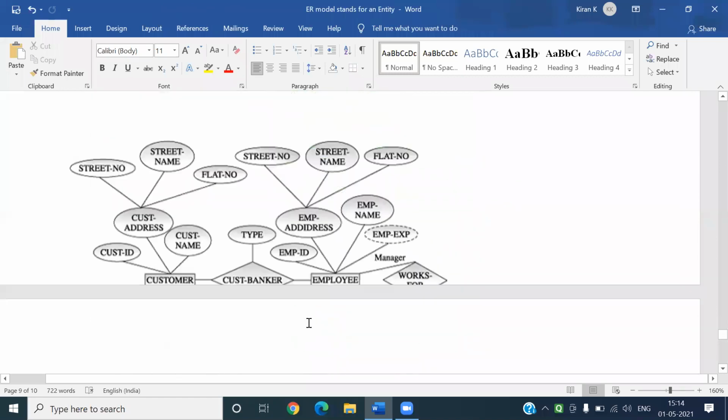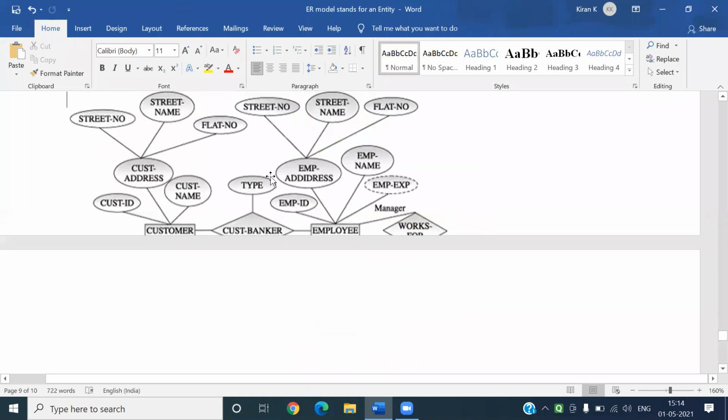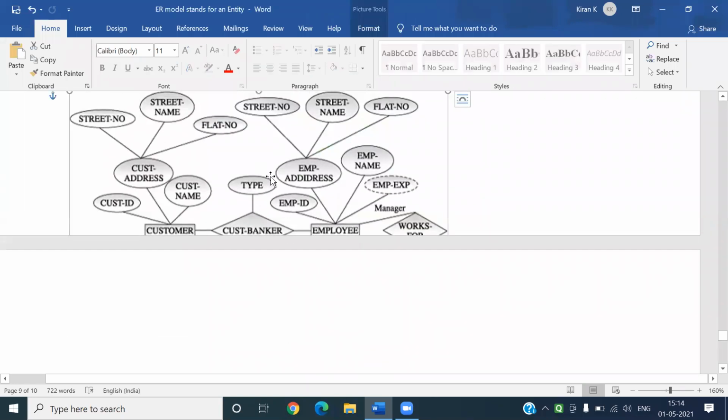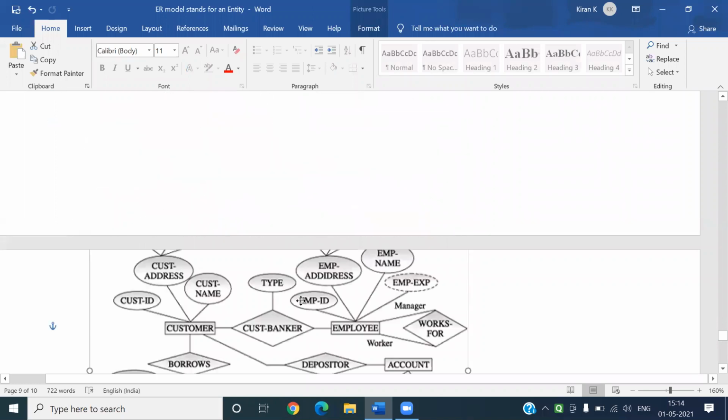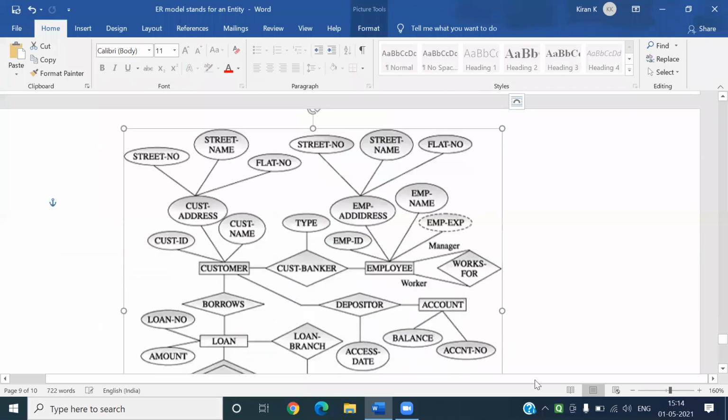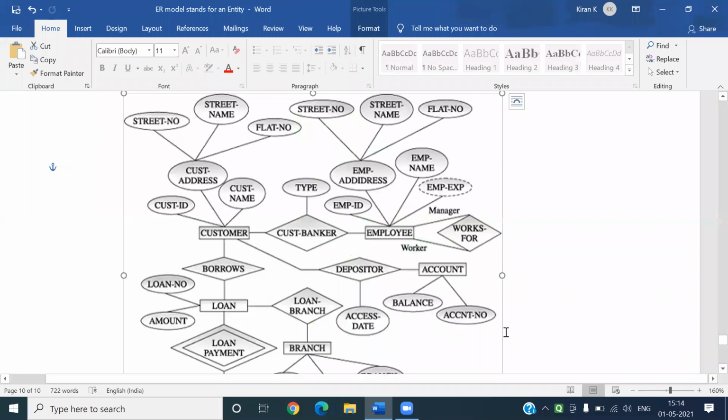Next, you can see an example. You can have a look at this. This is a bank. First, there is an employee entity. Employee has many attributes: EMP ID, EMP address, EMP name, EMP experience. EMP experience is shown as a derived attribute, my dear friends.